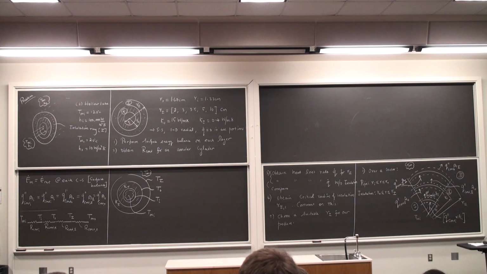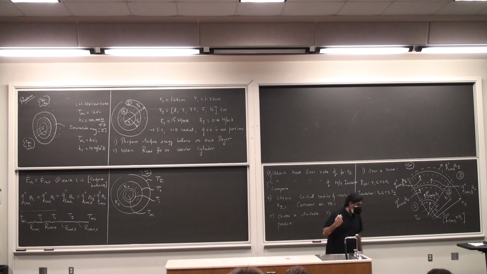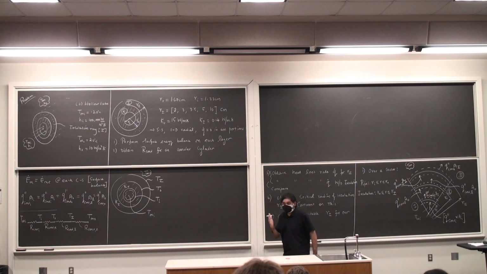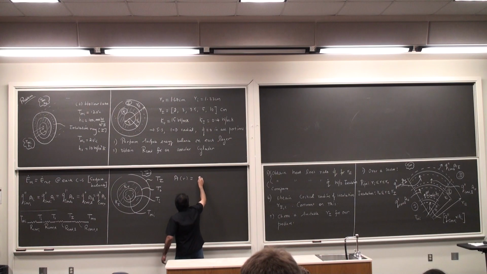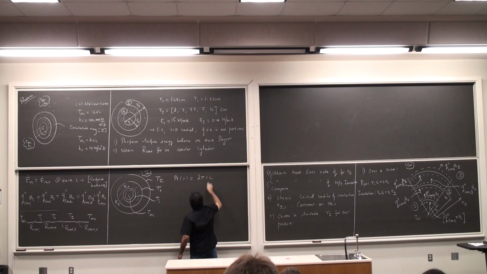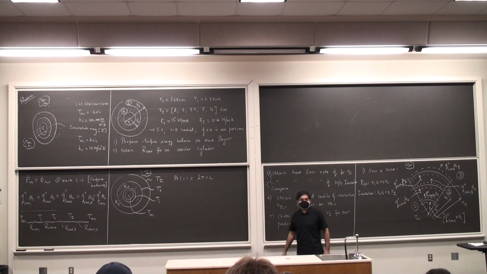We know conductive resistances are 1 by h times the area. Got to be careful with the areas here. I'm going to list the areas. They are not plane walls, so the area of cross section is not the same at each of the radii. At some random radius, this is 2 pi r times L, where L is the length of the cylinder.